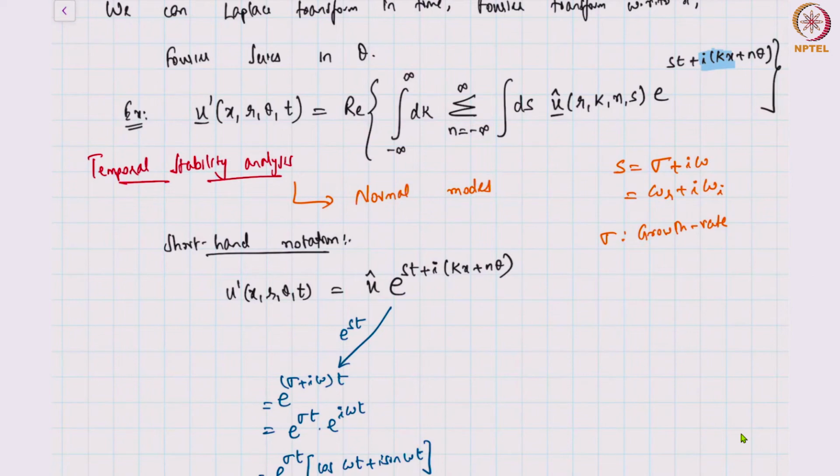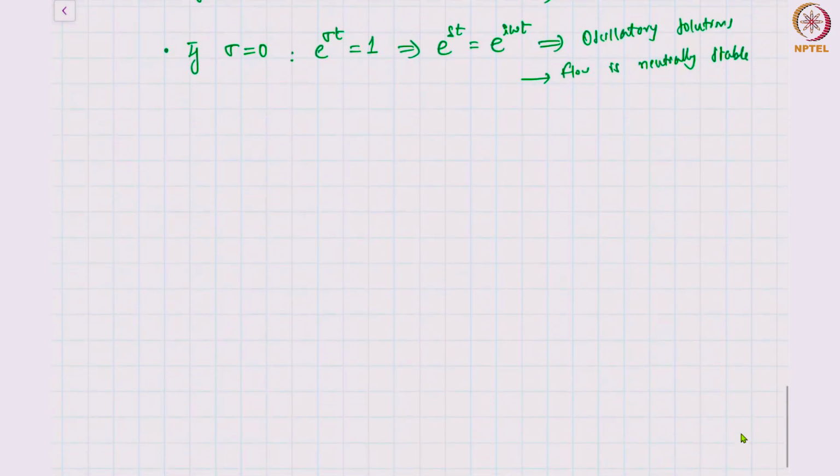We are assuming wave-like solutions in theta, e power i n theta. And we are asking, do these waves grow or decay in time? Because we are asking about growth and decay in time, we refer to such disturbances as temporal modes, or we are doing what is called a temporal stability analysis. You can even do a spatial stability analysis.